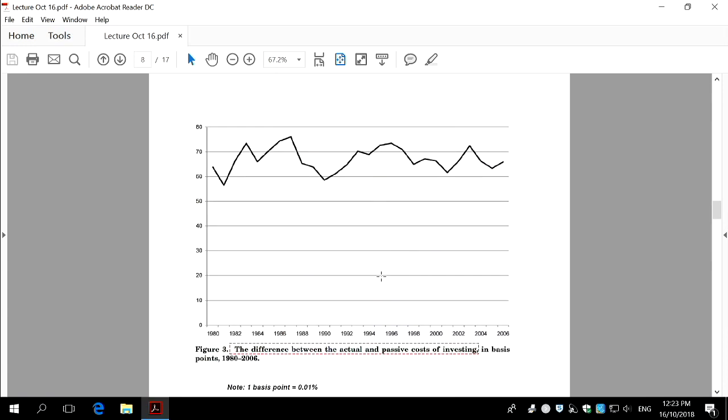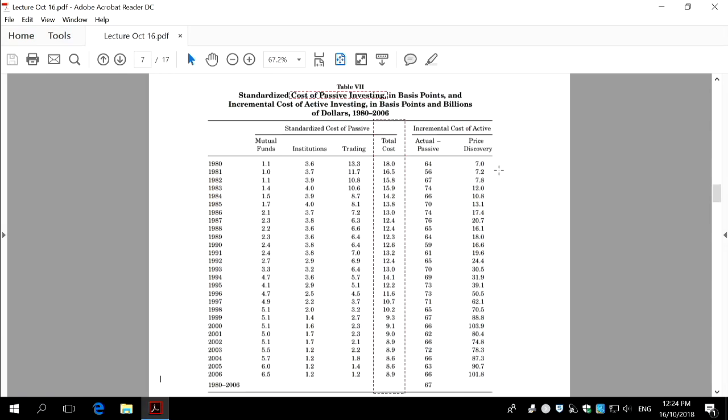And it's more straightforward to look at this cost in this graph. This graph shows the difference between the active and passive cost of investing, in the unit of basis points, from 1980 to 2006. And on average, this is 67 basis points per year.